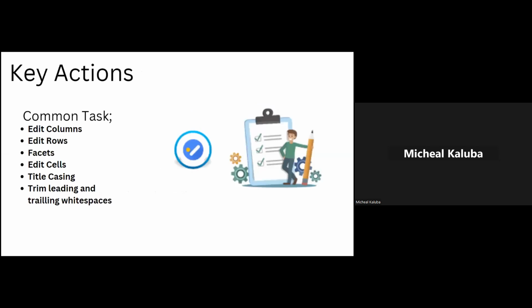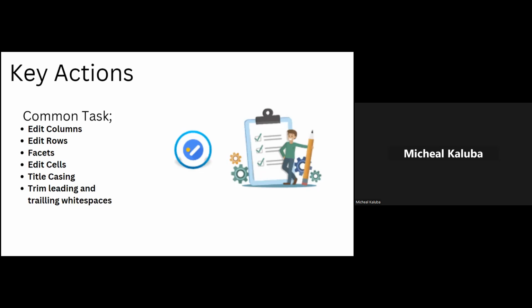Yeah, so the key actions that we shall be doing in this session, we shall edit the column headers, or edit data within the columns. We shall also see how to edit rows. We shall talk about facets, which involves text faceting or number faceting, and sometimes all the facets.